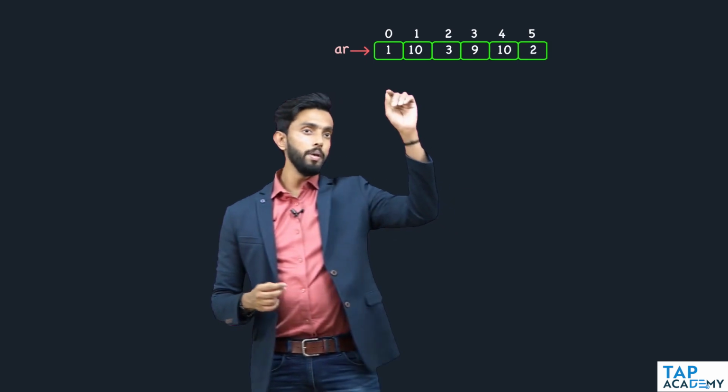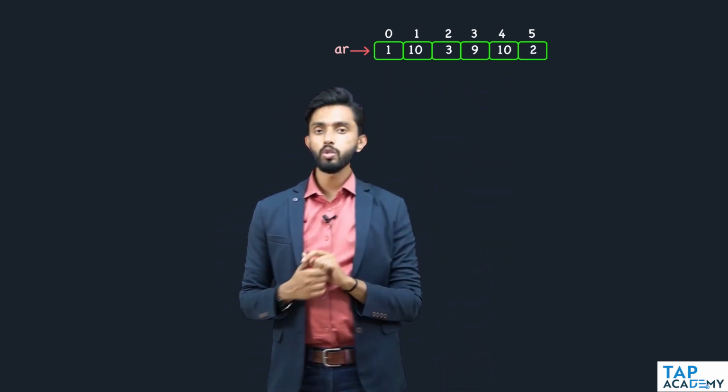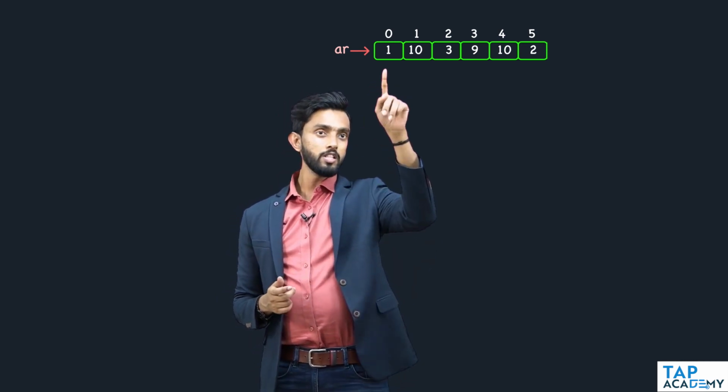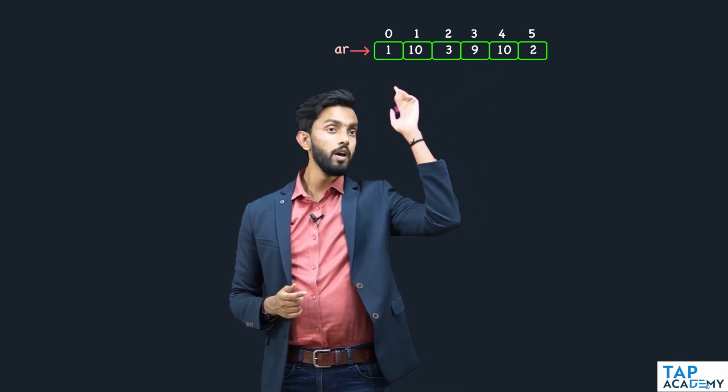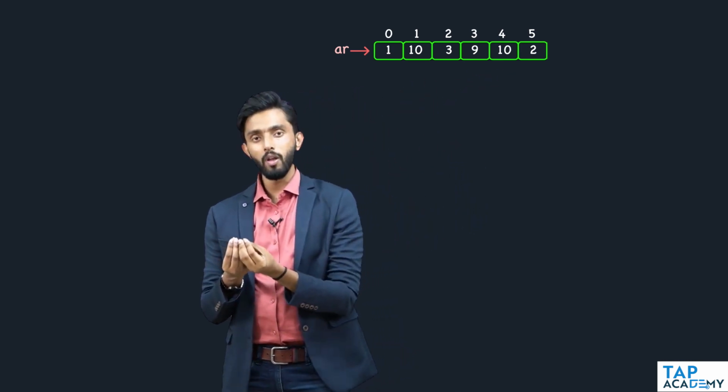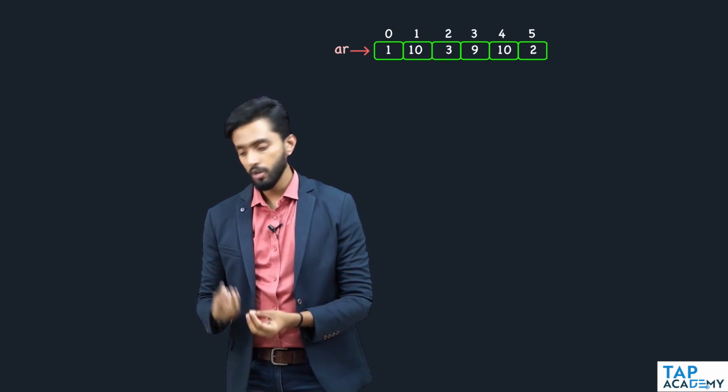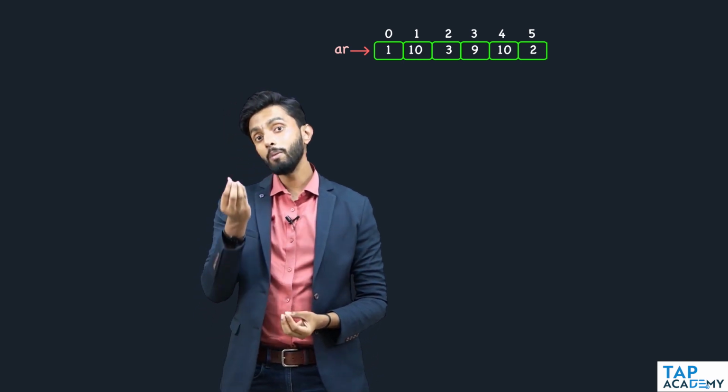Please understand what the question is saying. You will be given an array, and in this array there are a few values. These values stand for the first flower, second flower, third flower, fourth flower, fifth flower, sixth flower. If you have ever observed nature, you know flowers take some time to bloom.